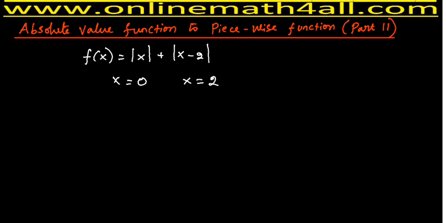The term in the first absolute value becomes 0 for x is equal to 0. The term x minus 2 in the second absolute value becomes 0 for x is equal to 2. In this way, first we have to find the two values for x. After getting these two values, now we have to mark these two values on the real number line.